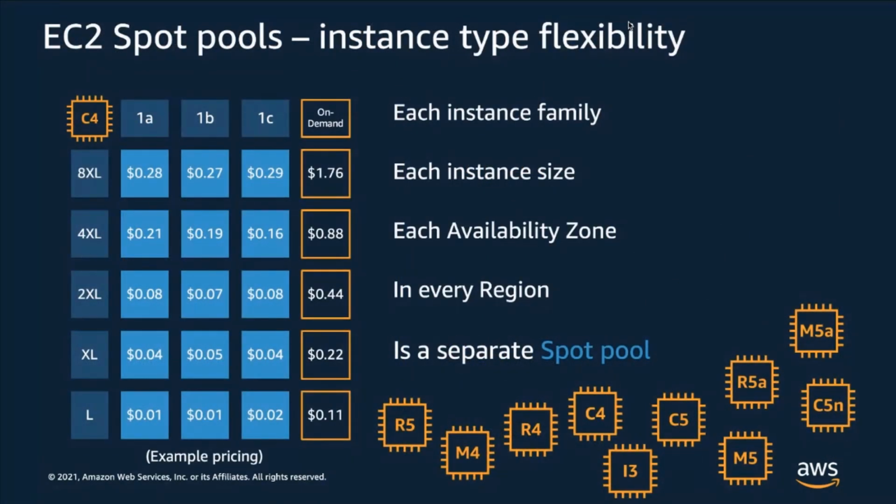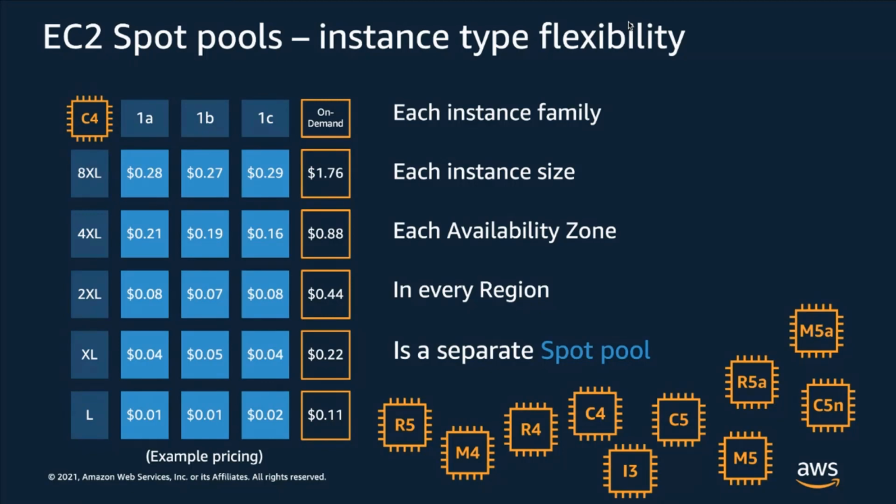So I mentioned you do need to be flexible when running on Spot instances, and the reason for this is that each instance family, each instance size, each availability zone in every region is a separate pool of capacity.